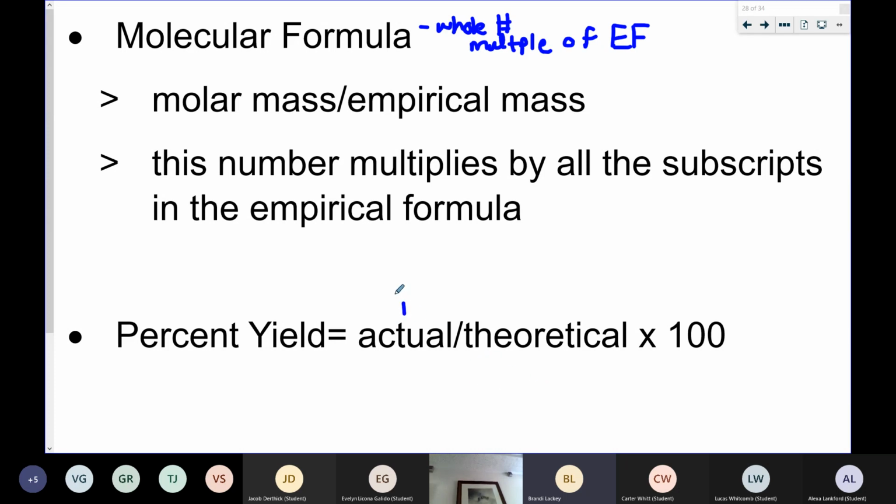Your actual is your lab value, so this tends to be given as how much was produced in the lab or how much was obtained or found, whereas your theoretical is your calculated value from your stoichiometry problem. So whenever you do stoichiometry, you're finding theoretical yield, and that number goes on the bottom whenever we're finding percent yield.